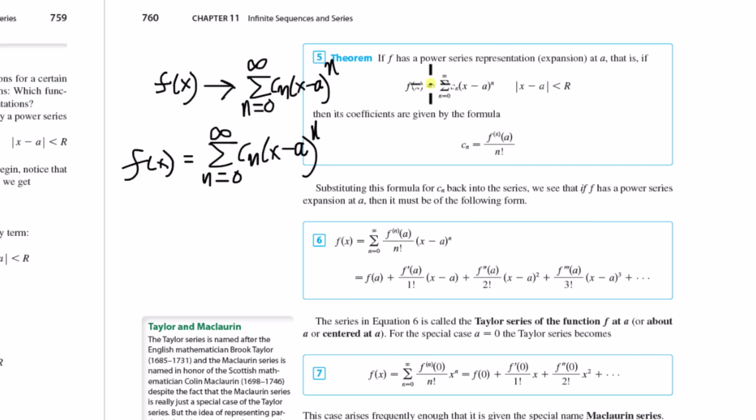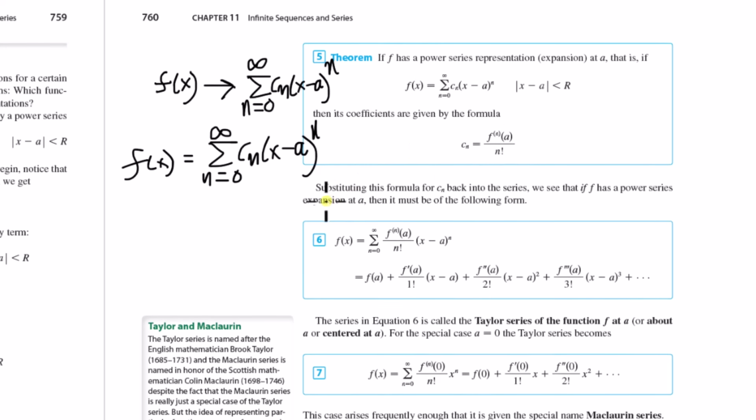If it is the case that a function is equal to a power series, then the coefficients are going to be this. There's no other way. That's a fact. There's no other derivation you can come up with to represent a function a different way as a power series. If you have any function that's equal to a power series, then the coefficients are going to be this, 100% every time. That's what this theorem is stating.